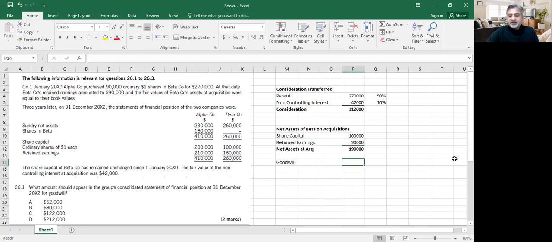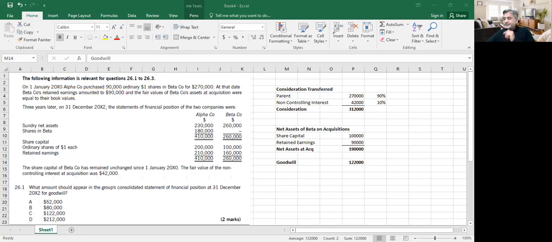And that is the difference between this one and this one. And your answer option is 122,000, option C.